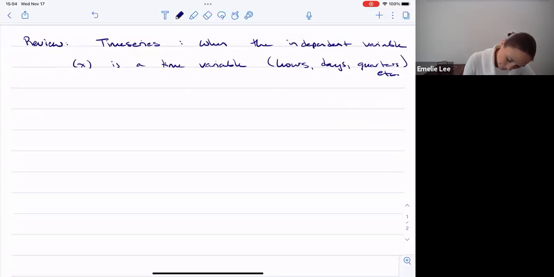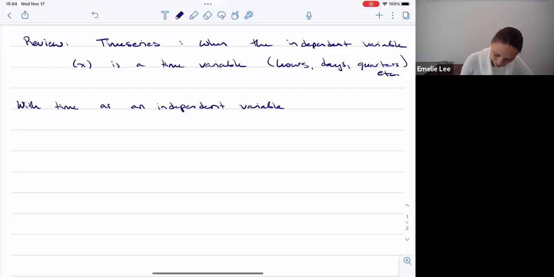And so with time as an independent variable, we can no longer assume that observations are independent, right?